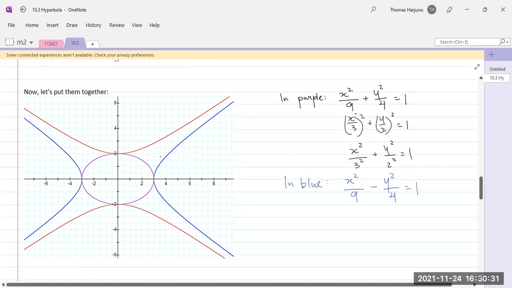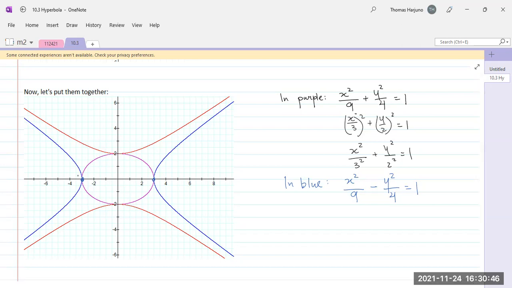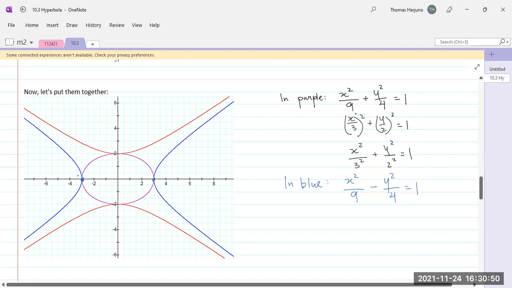So if you have x squared over 9 minus, then these points here will coincide. We call that the vertex. The major vertices of the ellipse that correspond to the left and right coincide with the vertices of the hyperbola.